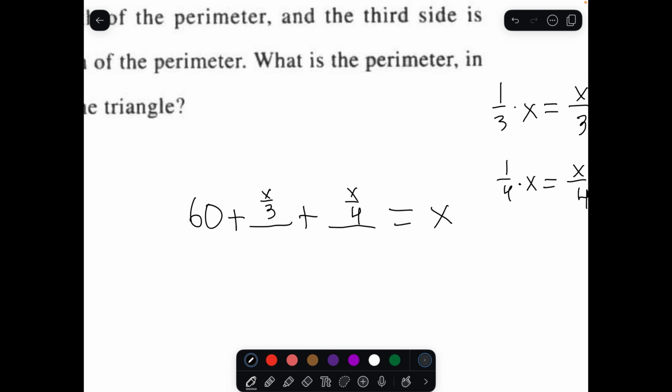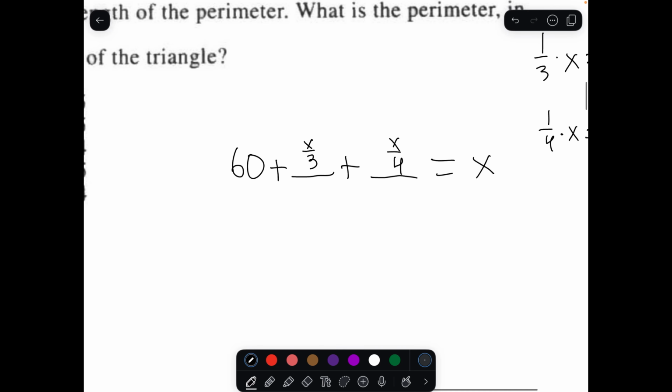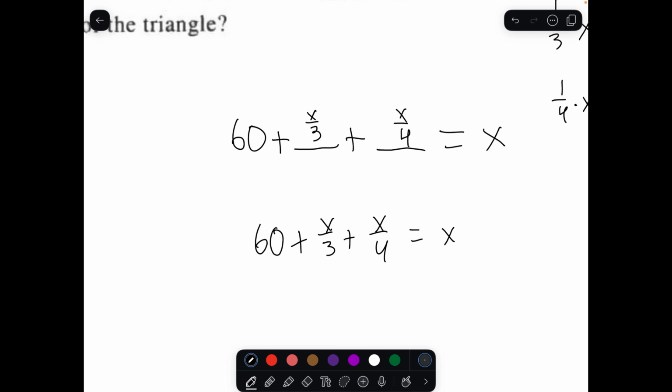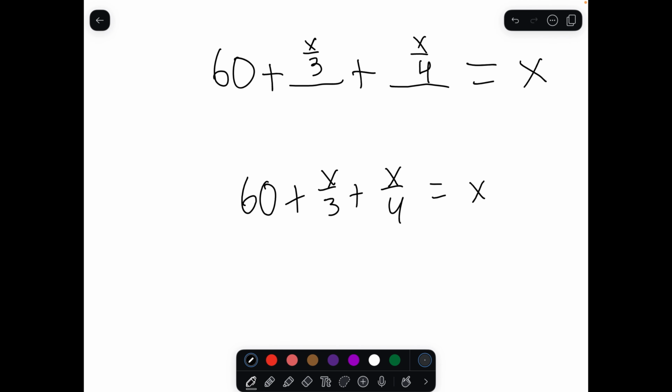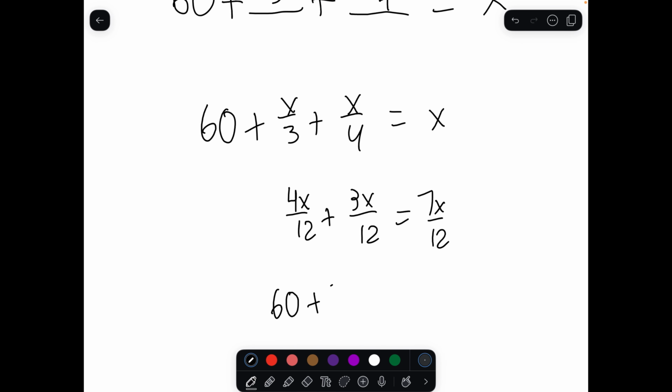Now we can just solve for x, right? So 60 plus x over 3 plus x over 4 equals x. Let's combine these first. 60 plus 7x over 12 equals x.